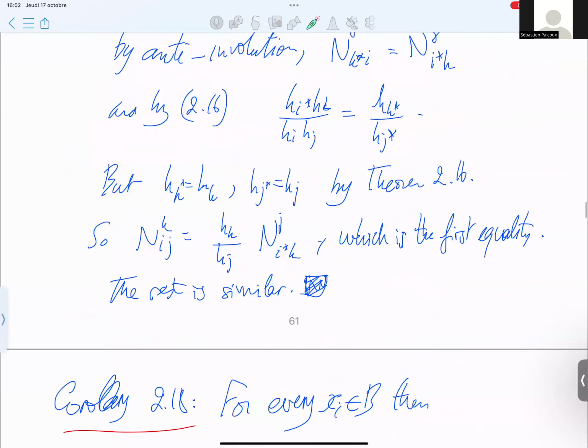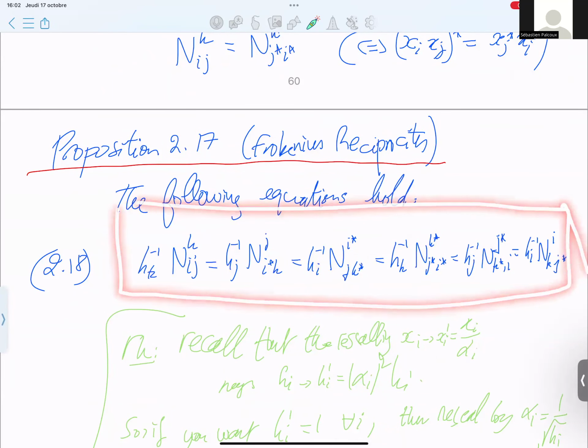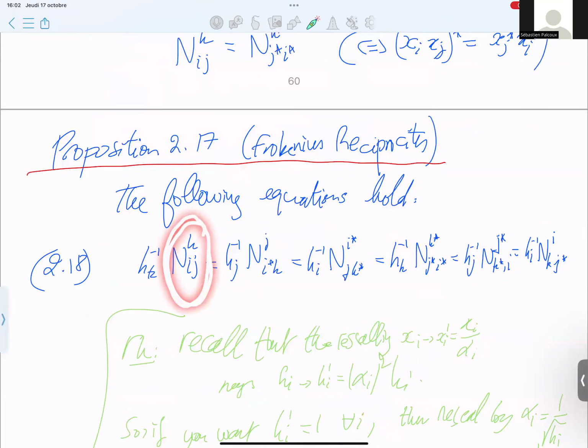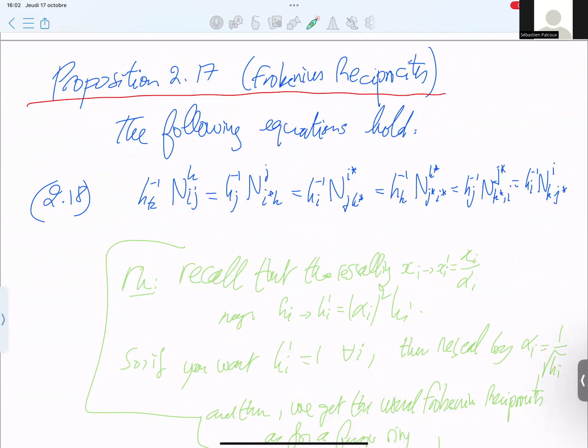So for this reciprocity, this is very important because when you consider this fusion coefficient here, you say, okay, this is equal to this one. So you only need to consider this one, for example. When you are interested in classifying fusion rings, you need to classify all the possible fusion coefficients of some types, some sequence of Frobenius-Perron dimensions.